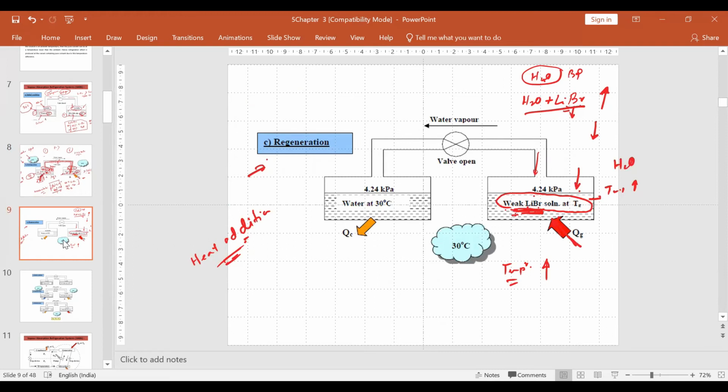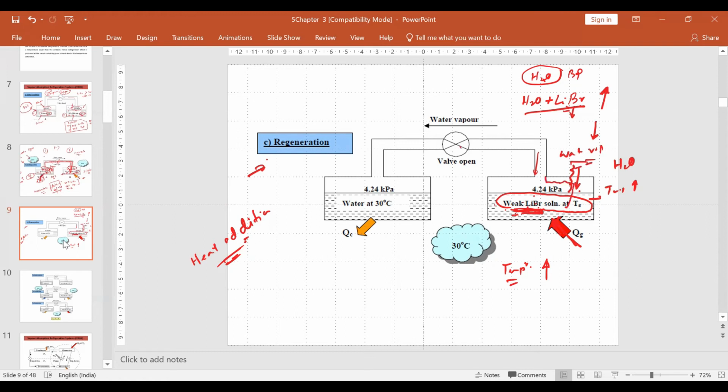As a result, what happened? From here, the water boils again into water vapor. Water is separated from the lithium bromide and becomes vapor.